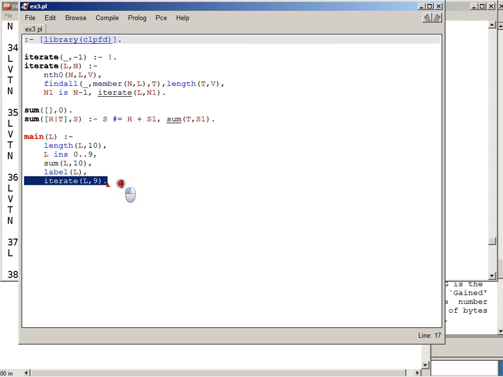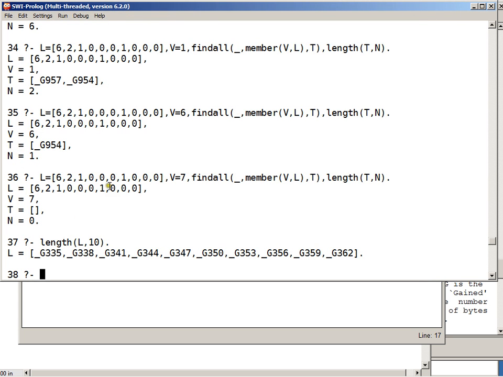I can only call iterate when the elements have values, because I'm going to use member and length. So now I'm going to do iterate, which is going to impose the constraint that we have just seen, but previously we have seen this constraint for individual elements. So we have tried the 7, we can try the 6. I have to iterate through all the values from 0 to 9, or from 9 to 0.